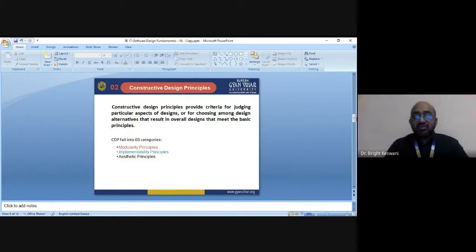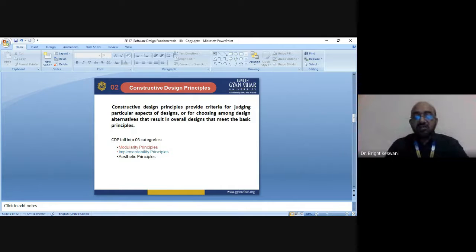So let us discuss the modularity related principles. There are several principles, and the main ones are divided into five categories. First is the principle of small modules. Second is the principle of information hiding.